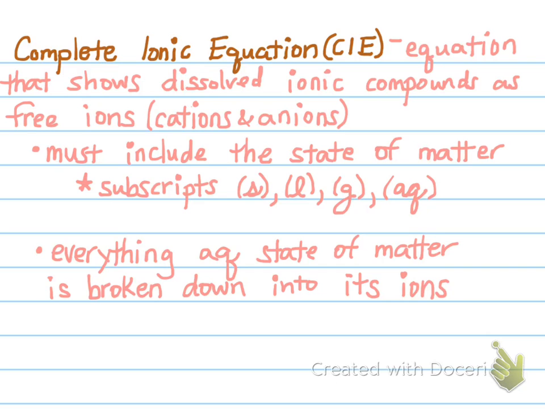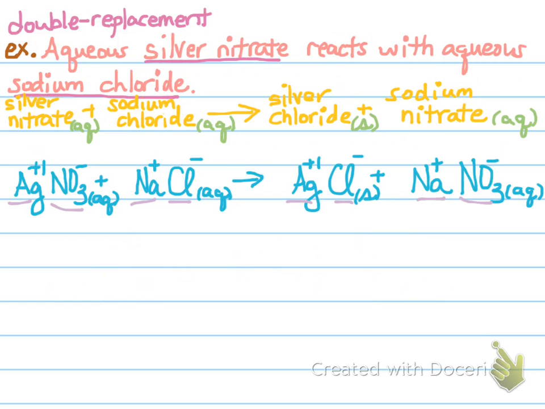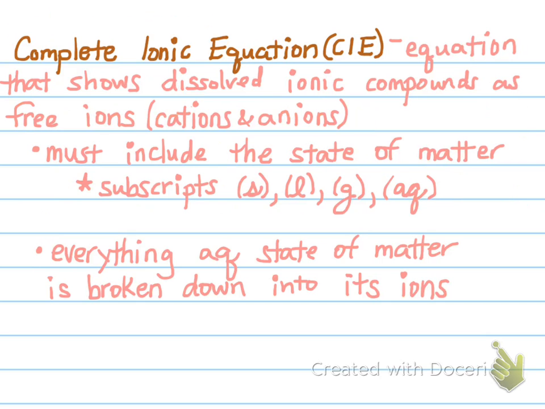So to write our complete ionic equation, we're going to take everything that has a state of matter of aqueous and write it as its ions. It's kind of nice that in balancing our equation, we have our ions already shown. So silver is going to become Ag. Ions have to have a charge, and they have to have their state of matter. So we might want to add that.